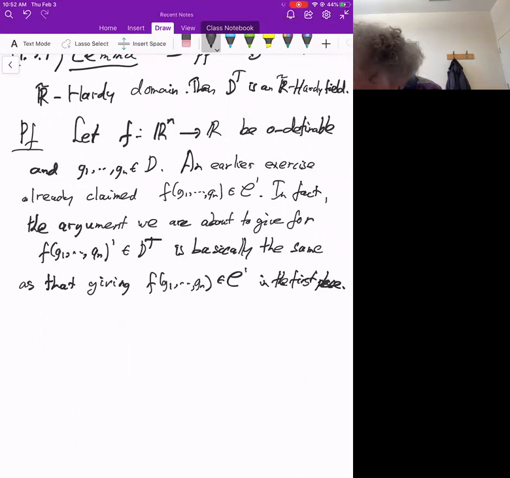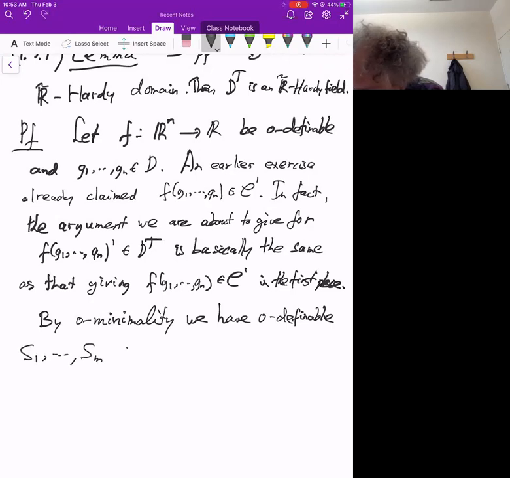By O-minimality, we cover Rn by zero definable pieces, zero definable S1 up to Sm, covering Rn. They are subsets of Rn.